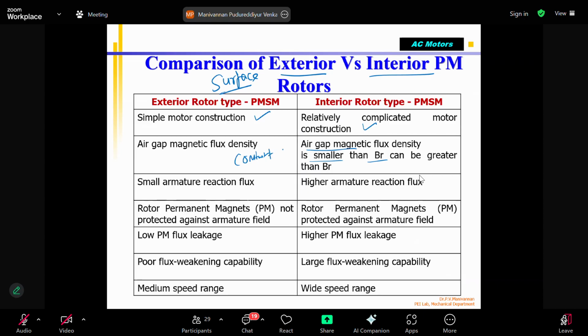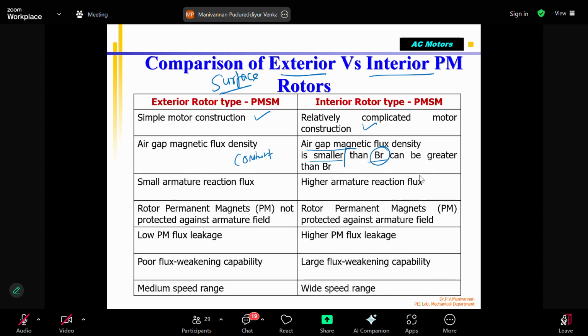Here constant magnetic flux, but here the air gap will be smaller between the rotor, correct, and the stator. The gap between these two will be this one, and I think something I missed. Okay, I will tell you. It cannot be BR. I will tell you. No, we'll not do that.